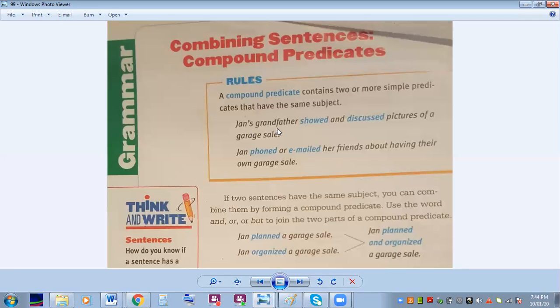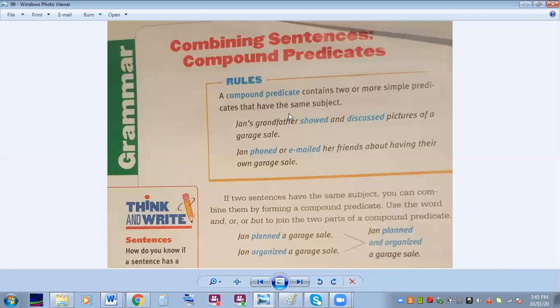Jan's grandfather showed and discussed pictures of a garage sale. What did Jan's grandfather do? Jan's grandfather is our subject. What did Jan's grandfather do? He showed and discussed.